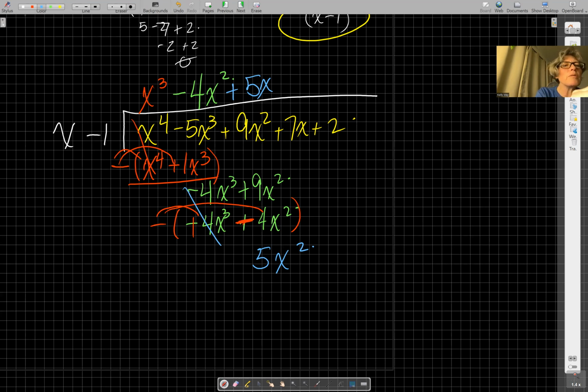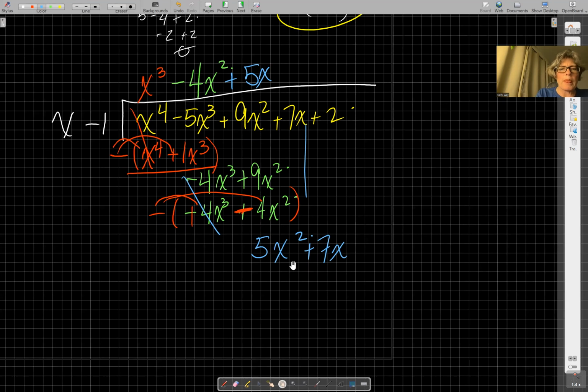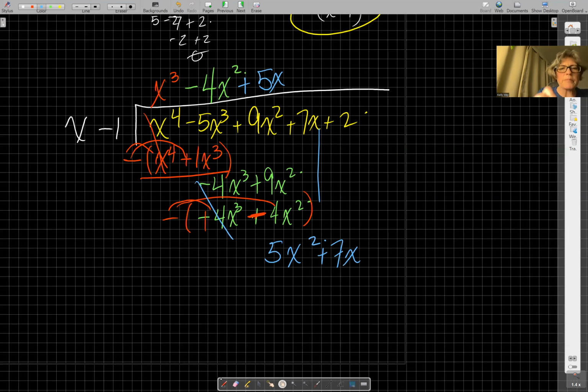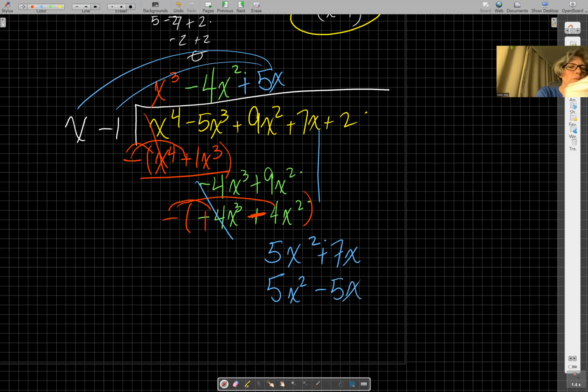Got to bring down that 7x. Got it. Okay. So foiling, and we have 5x to the second minus 5x. Once again, we're subtracting the entire thing, distribute. That makes that negative, that positive.